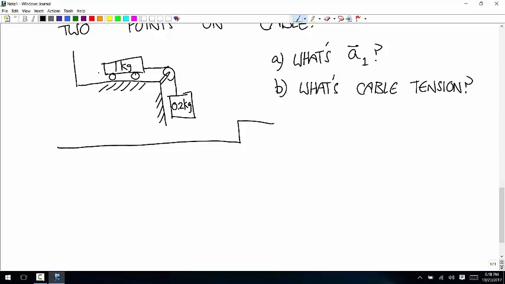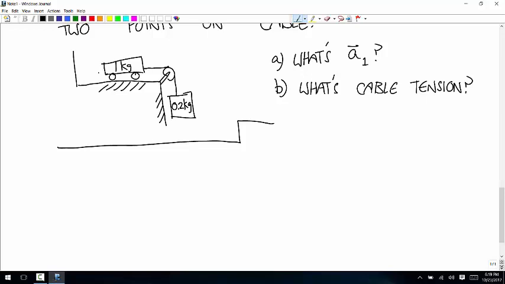Let's say that you pull this cable, this mass down 1 inch. Where would the cart go? Yeah, so if this goes down 1 inch, that goes to the right 1 inch. Okay, and if that one goes to the left 1 inch, that one goes up 1 inch.